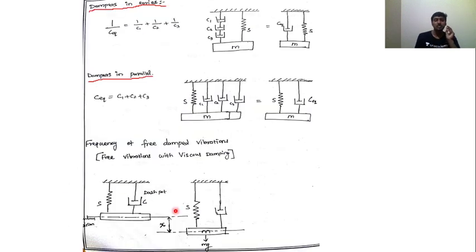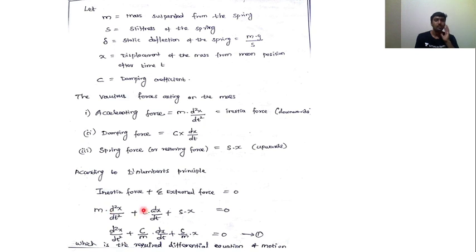There are two forces acting on the mass: one is the damping force due to the damper, and the other is the restoring force due to the spring. The damping force is the damping coefficient into unit velocity, plus s into x, is equal to 0.